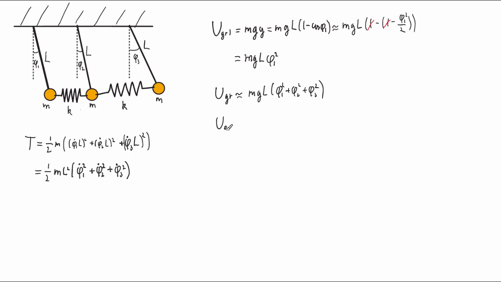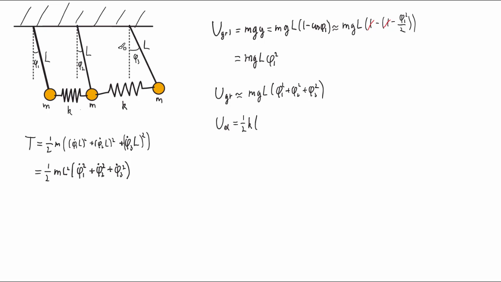So we have an elastic potential energy, which is going to be 1/2 k, and then it's the length of the spring, which is equal to the distance between this mass and that mass, or rather at least its deviation from the equilibrium. We're going to assume that when all pendulums are vertical, then the springs are the natural length and the potential energy is 0.